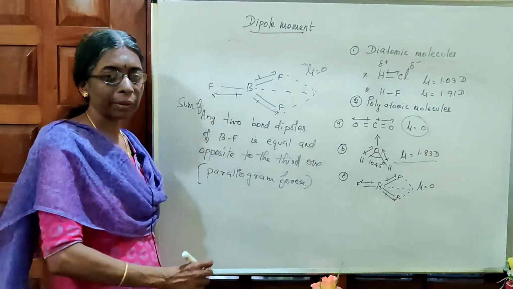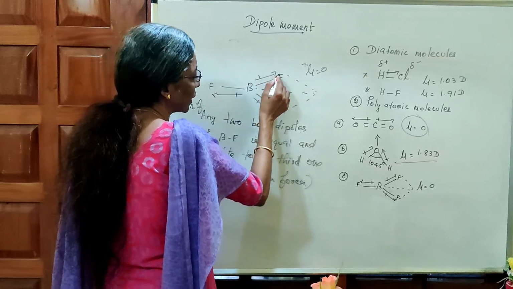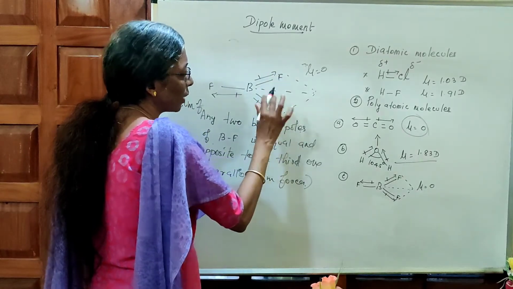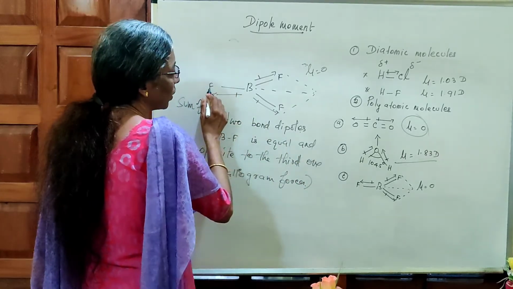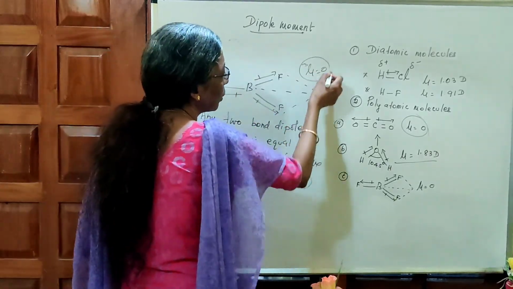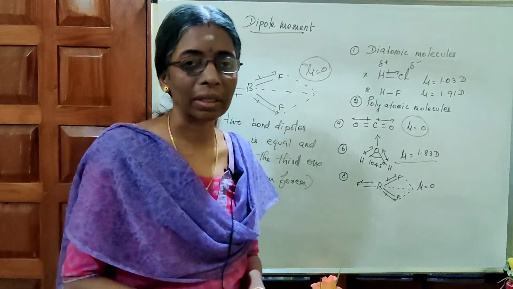As a result, when you take the sum of these two bonds, you will get some value that is equal and opposite to the third one. As a result, the dipole moment of BF3 is 0.